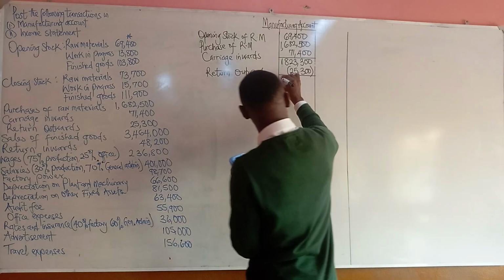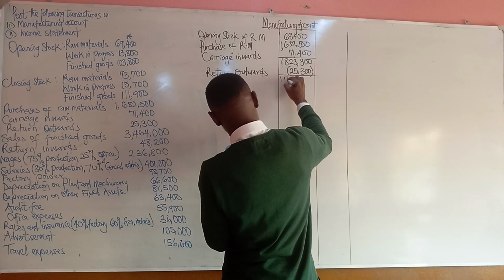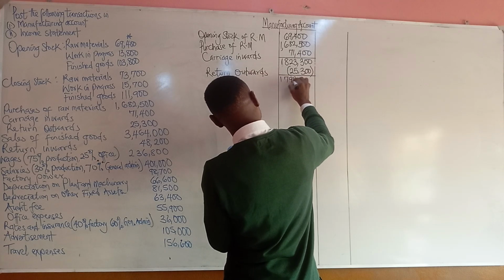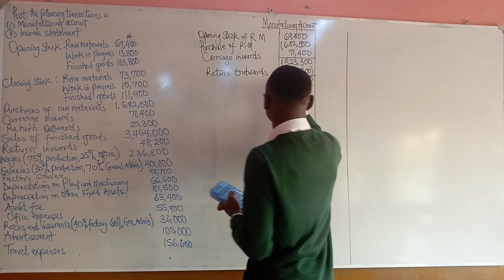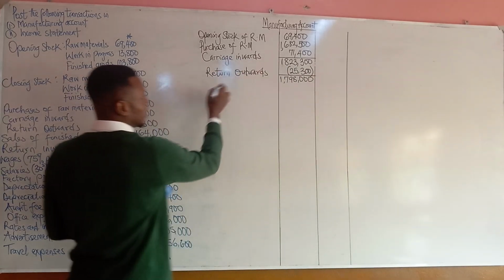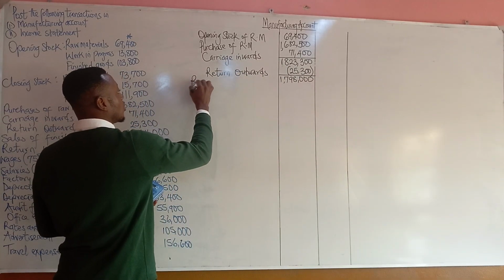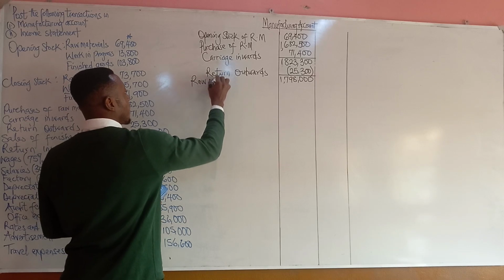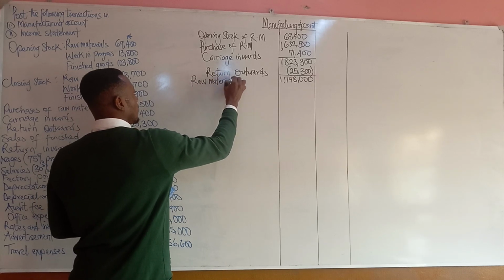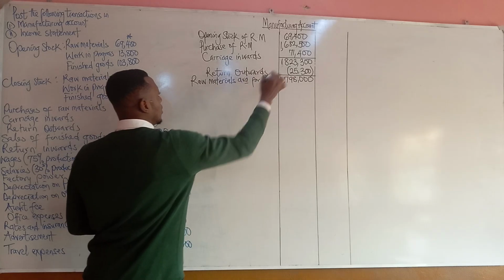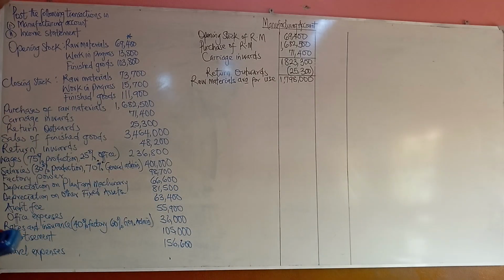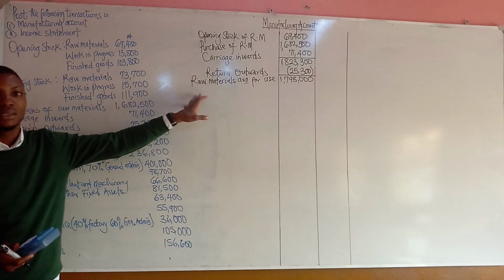This will give me 1,798,000. Now, this is what cost of raw materials available. So we can say raw materials available for use.